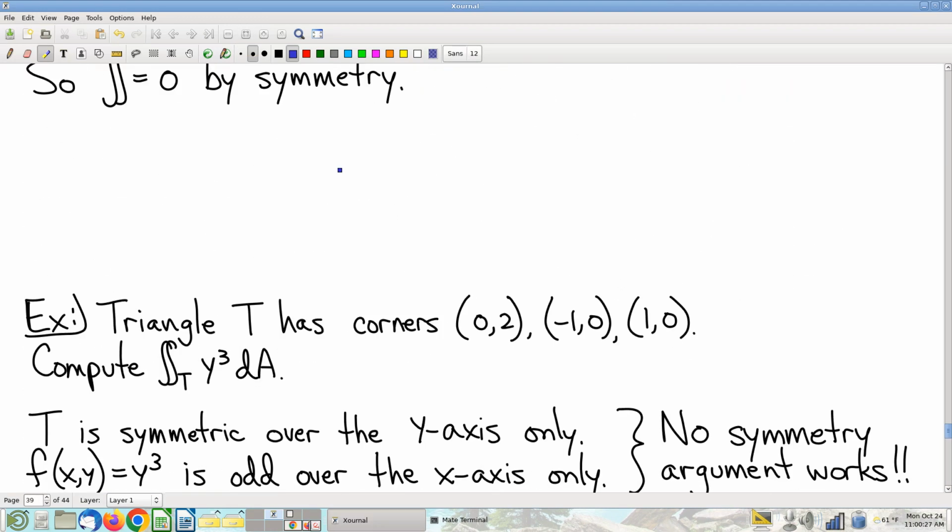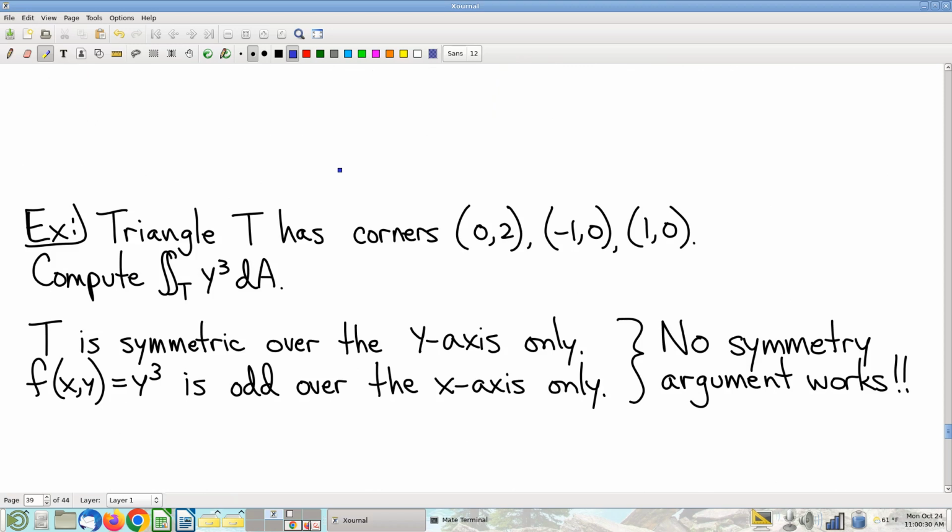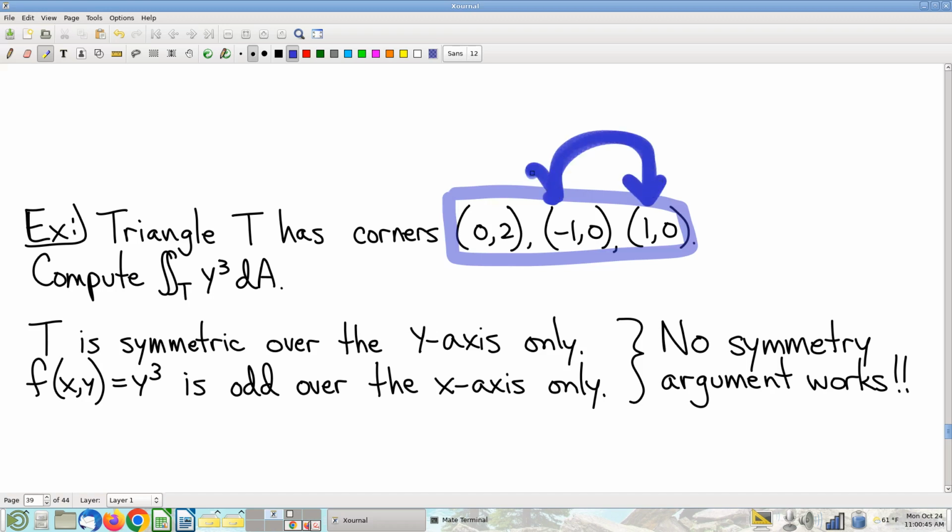Okay, here's another example. And this is a dangerous one. This is what I like to call a landmine example. This is one that really looks like it's going to be symmetry. You can almost see the symmetry of the domain in these numbers here. You see the 1 and the -1, you think, symmetric domain.